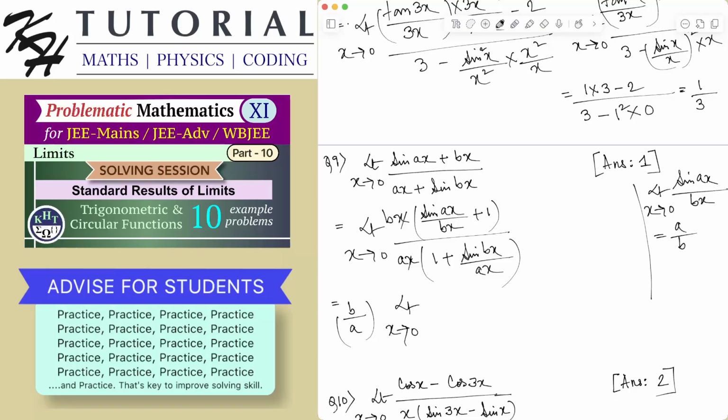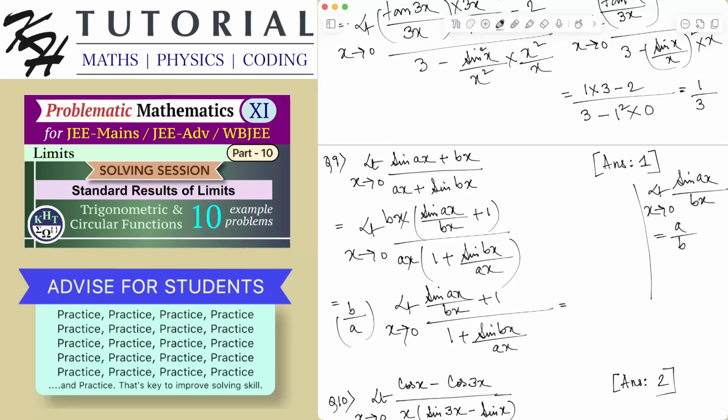So this is b by a multiplied by limit x tending to 0, sin ax by bx plus 1 divided by 1 plus sin bx by ax.